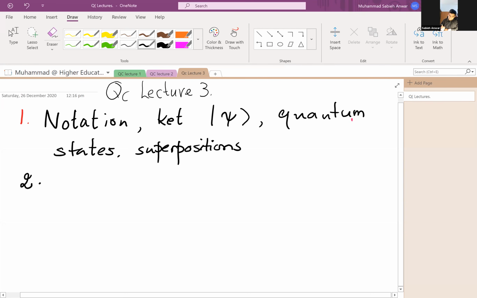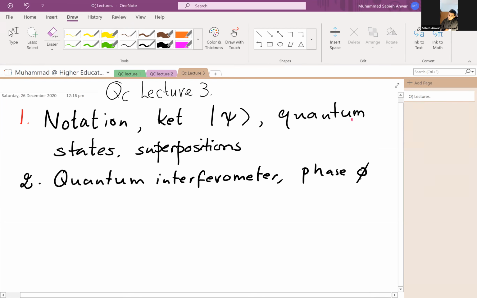In the second lecture, we gave an example of a quantum interferometer. And we saw how the concept of a phase phi leads to some really useful outcomes. Furthermore, we've also looked at the concept of measurement and defined in the process inner products.